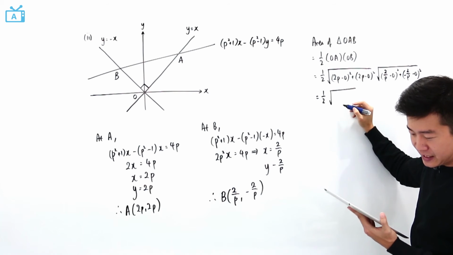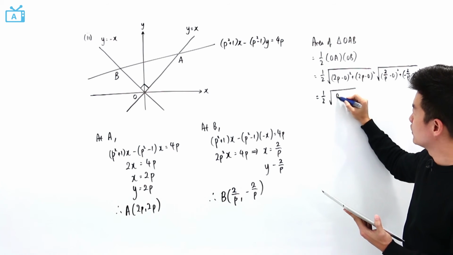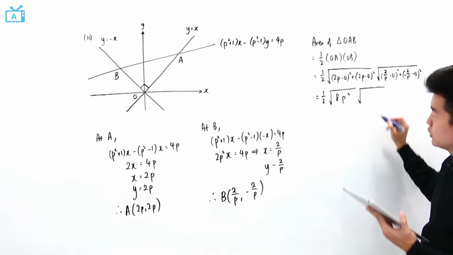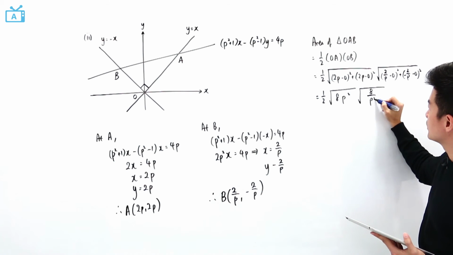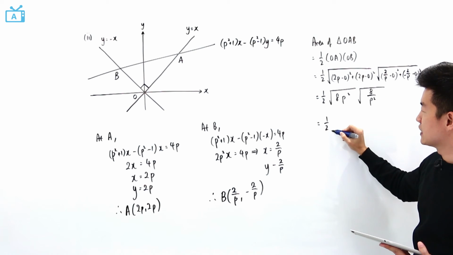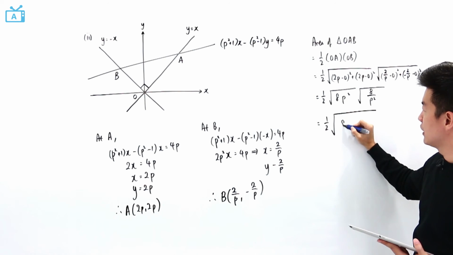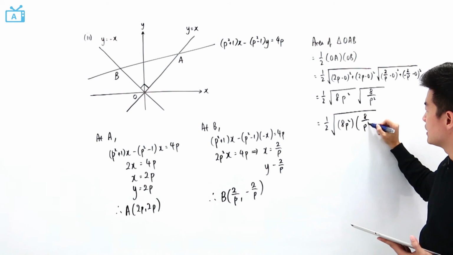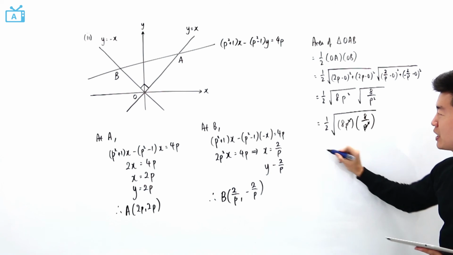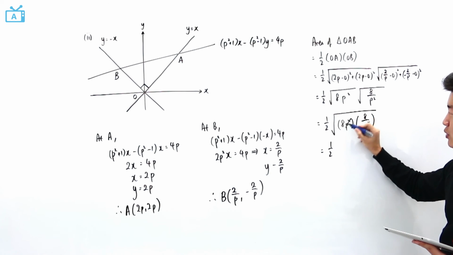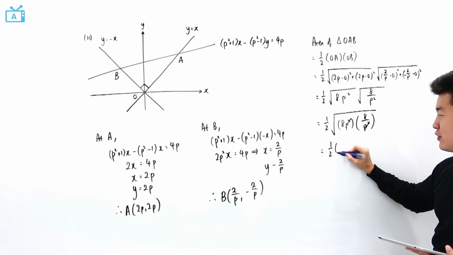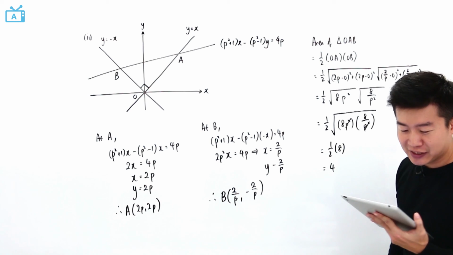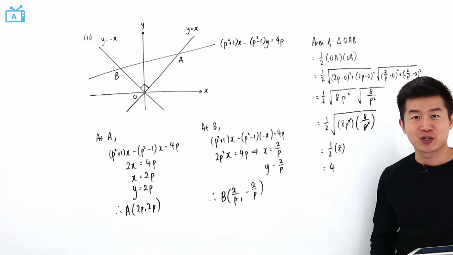The square root of the first is going to be equal to 8p squared. The square root of the second is going to be equal to 8 over p squared, which means that what we have is a half square root of 8p squared multiplied by 8 over p squared. So the p squared and p squared can be cancelled, so I have half of the square root of 8 squared, which is half of 8. So the area is 4, and this is an area that is independent of p, which is what the question wants us to show.